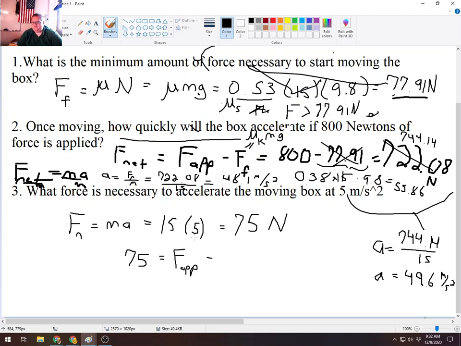So now back to here. We want to know what is the force necessary to accelerate the box at 5 meters per second squared. So the first part doesn't change at all, right? Because I just did mass times acceleration, got 75. So 75, and then we're going to take the force applied minus the correct force, which should be, again, not 77.91, that was right for the static, but for the kinetic friction, it should be 55.86.